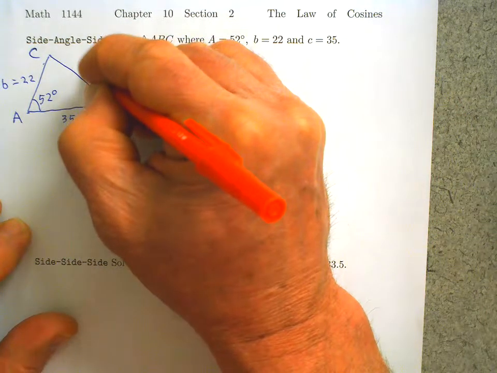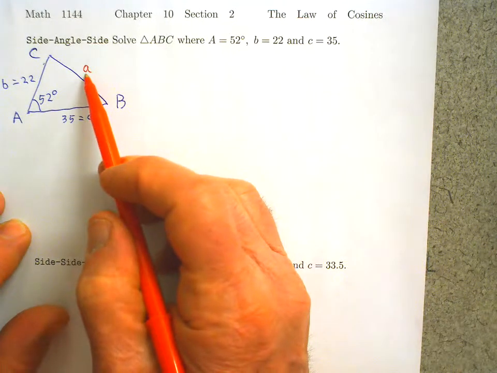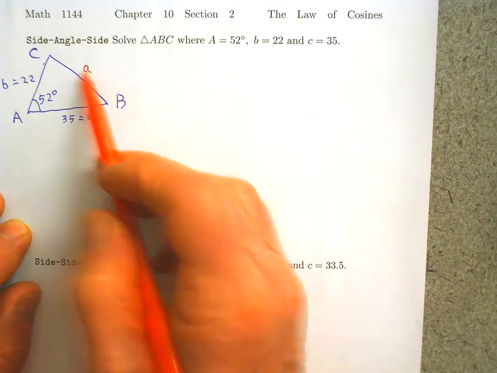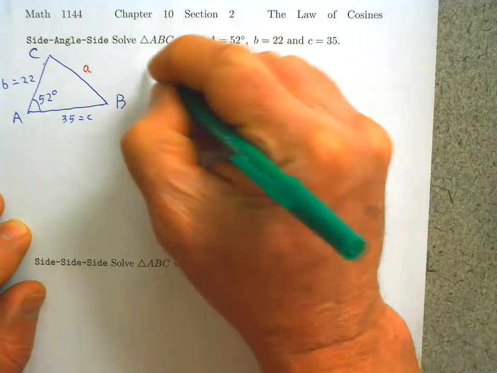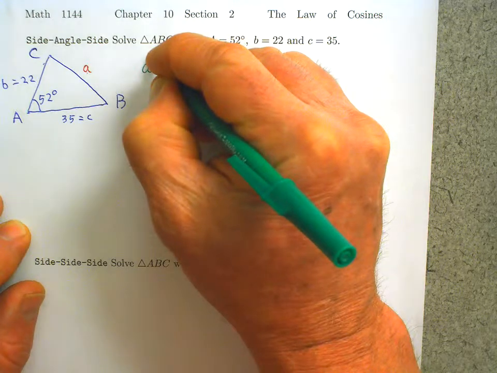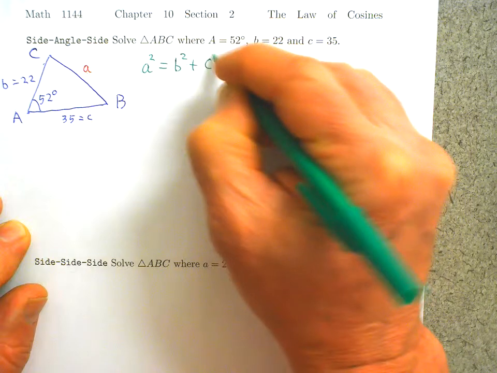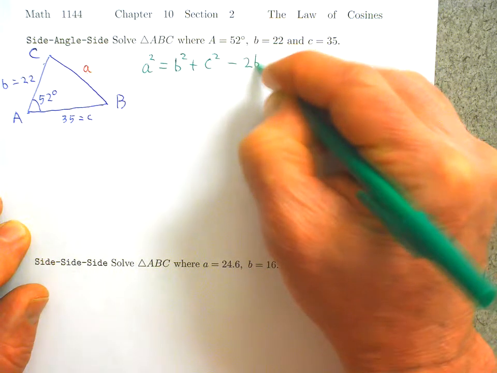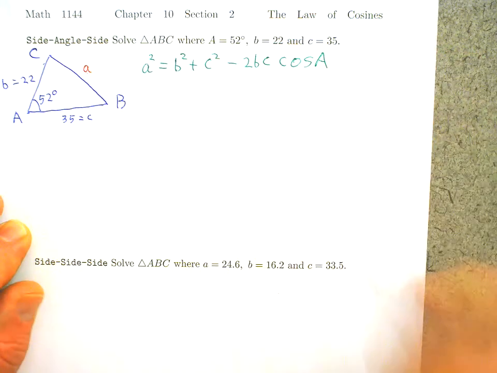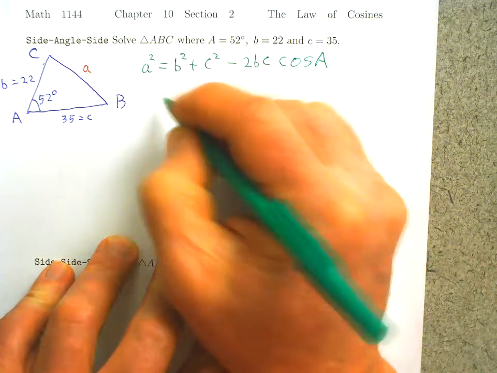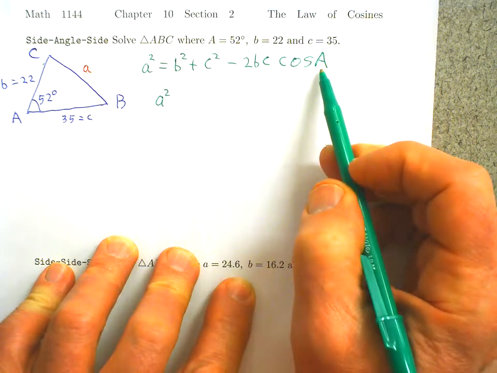So we can use the law of cosines to determine what the length of lowercase a is. Let's just write the formula first. a squared equals b squared plus c squared minus 2 times b times c times the cosine of angle A. So we know what lowercase b and c are, and we also know what angle A is.